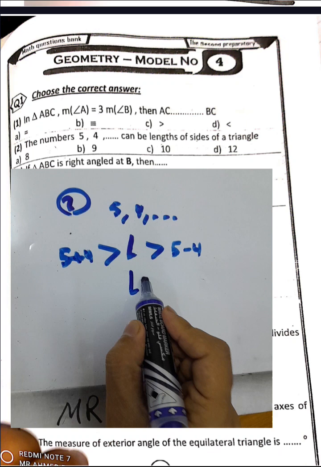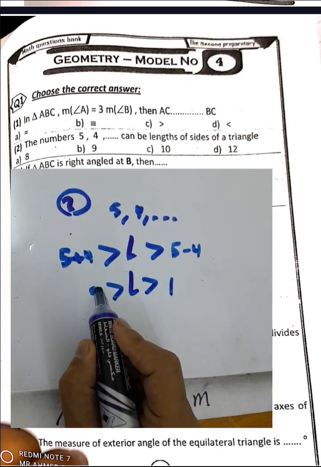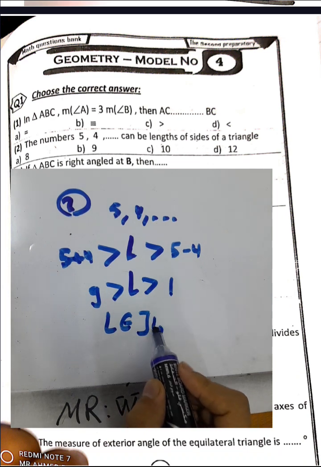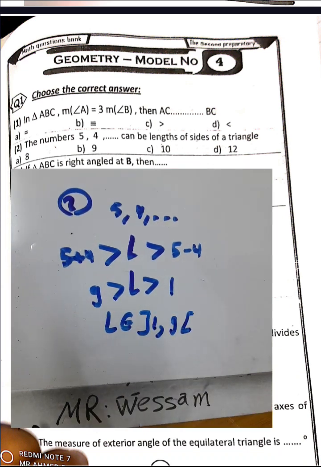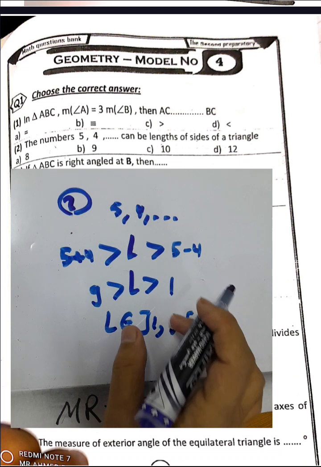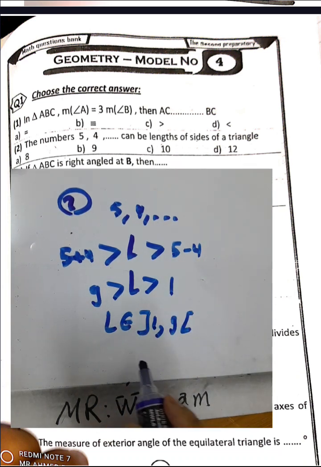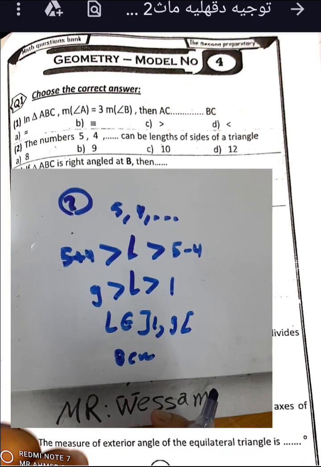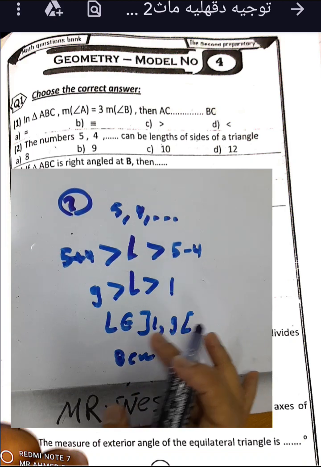Then it will be greater than 1 and less than 9. Then L lies in the open interval from 1 to 9. Then the side length lies between 1 and 9. You must choose here 8 centimeters. Then the length here will be 8. Choose letter A because 8 lies between 1 and 9.